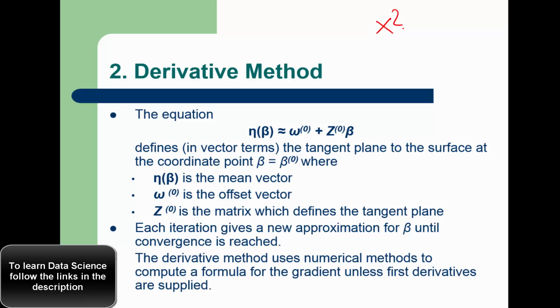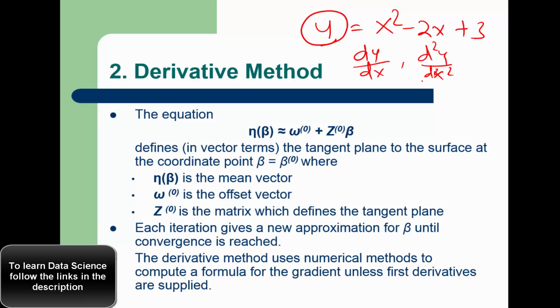For instance, if you have y equals x squared minus 2x plus 3, you can find the minimum value of y by taking the first derivative with respect to x and then the second derivative, seeing if it is negative or positive, and then putting in the value of x at that point to get the minimum value of y. That's what we have learned in school calculus, and that's exactly what is being used here.